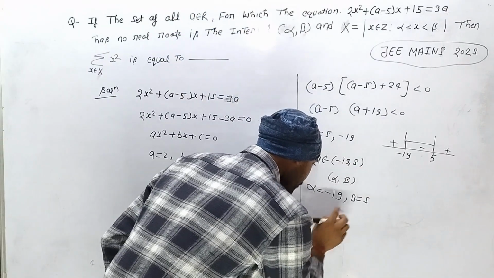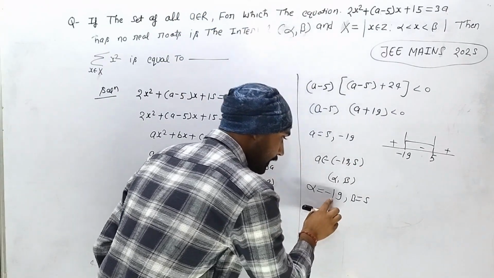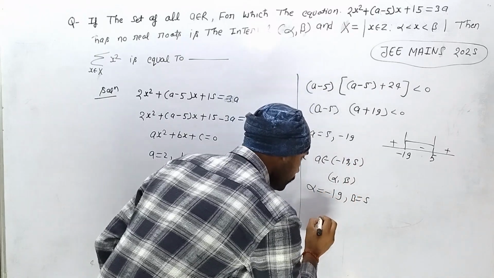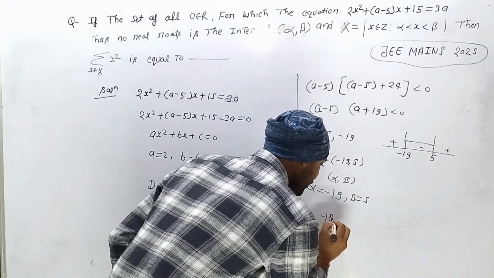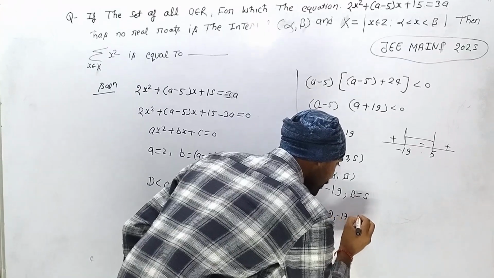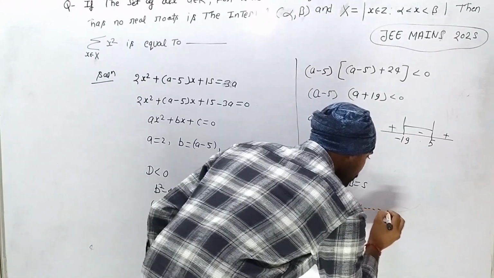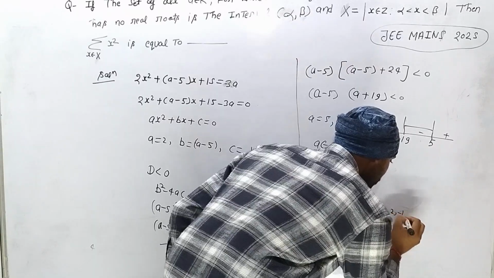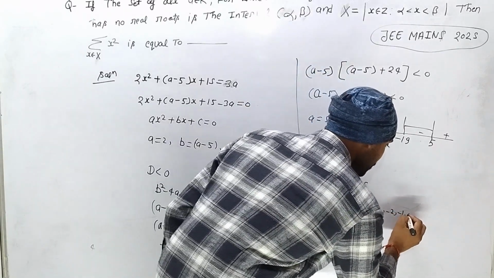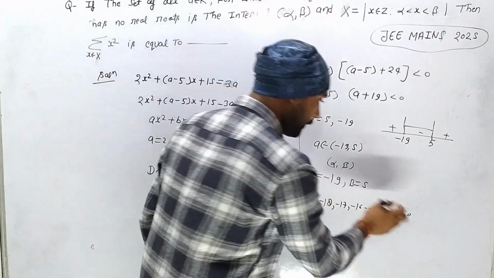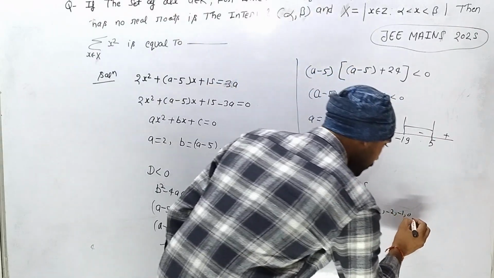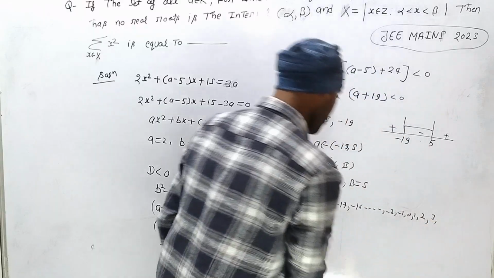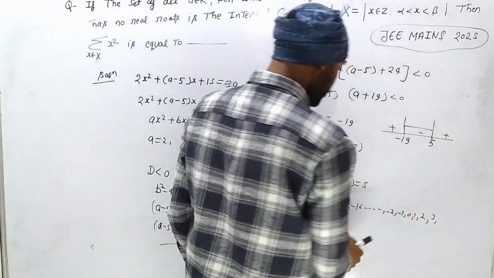So minus 18, minus 17, minus 16, and so on, minus 2, minus 1 and 0, and up to 5: 1, 2, 3, 4 lie in between.